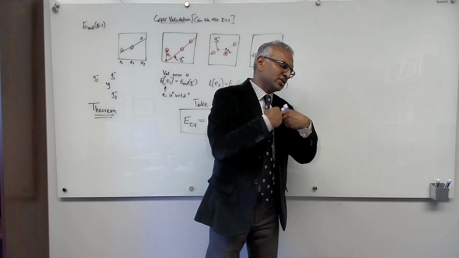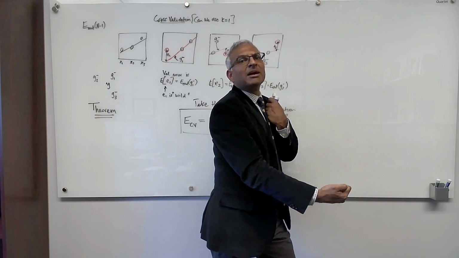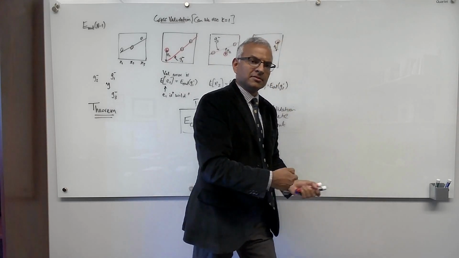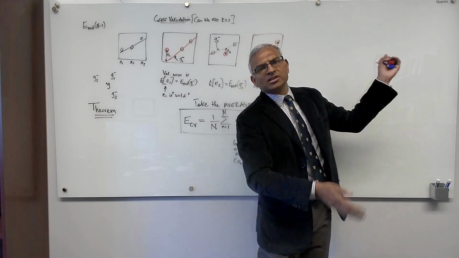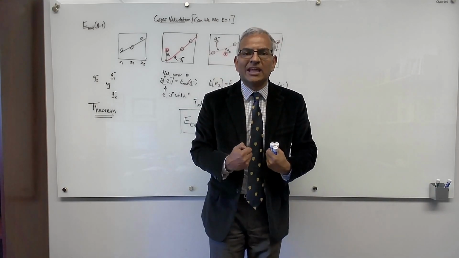So you can think that I generate a data set of size n minus 1, I learn, I produce a hypothesis g sub n minus 1, let's say, and I evaluate its out-of-sample error. Then I repeat, generate another data set of size n minus 1, learn, and get the out-of-sample error. On average, I get some expected out-of-sample error when I learn on n minus 1 data points.